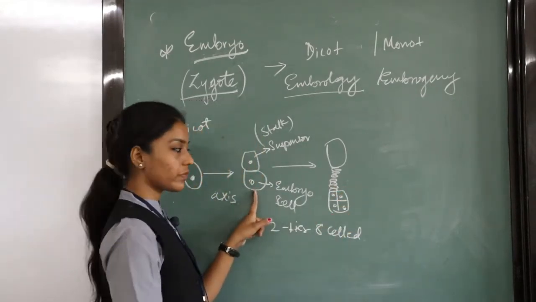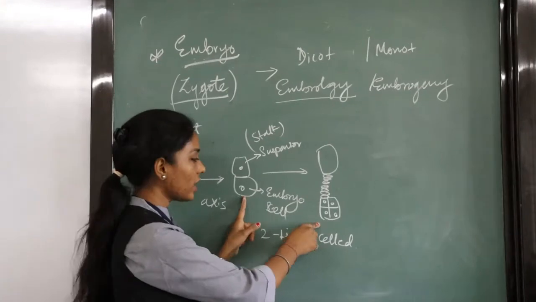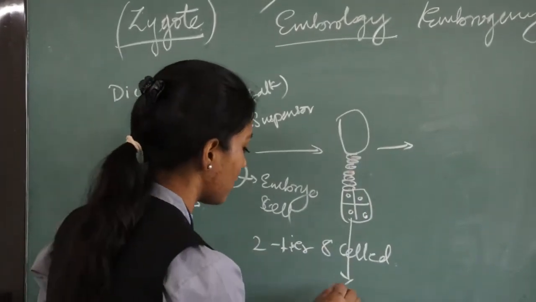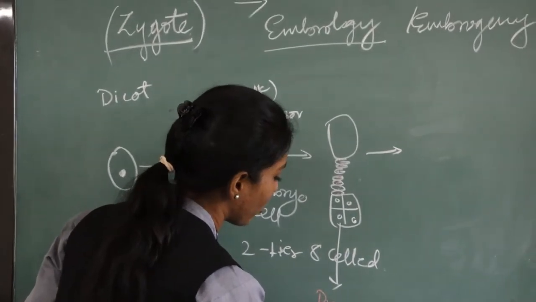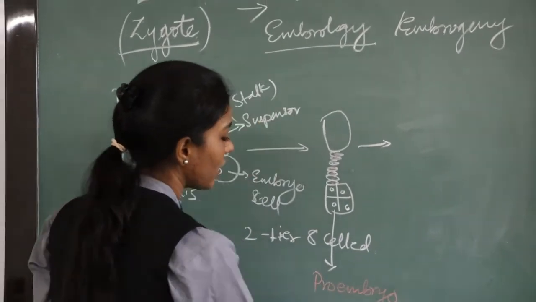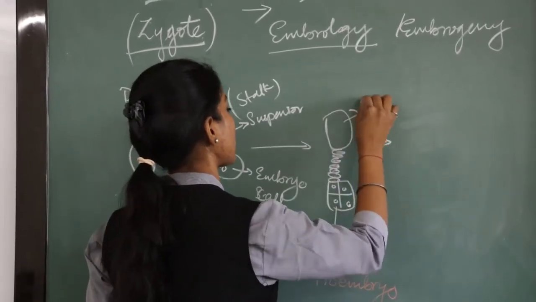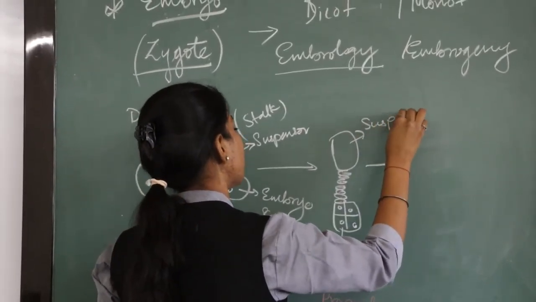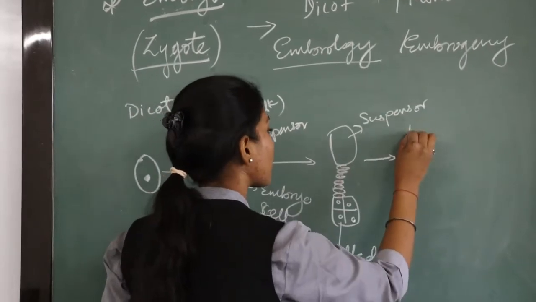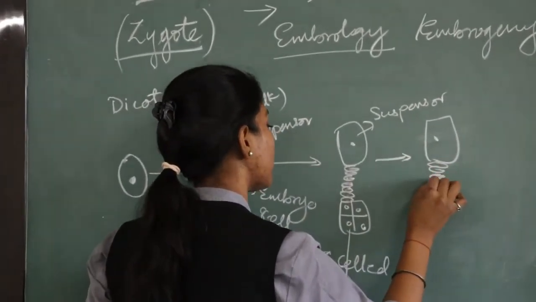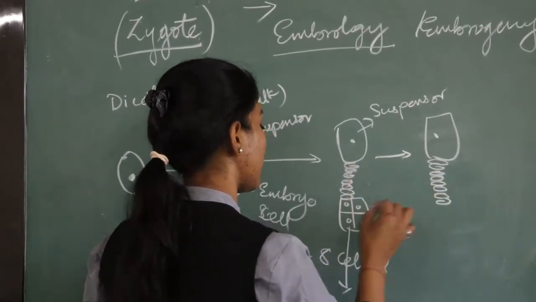From the 2 it is forming a 4 cell. The first stage is called the proembryo, and then the next, this is the suspensor. Again this suspensor cell will divide into 6 to 8 or 6 to 10 cells.